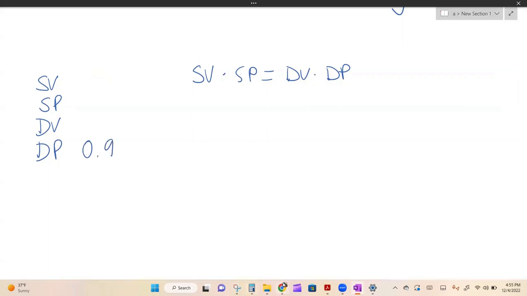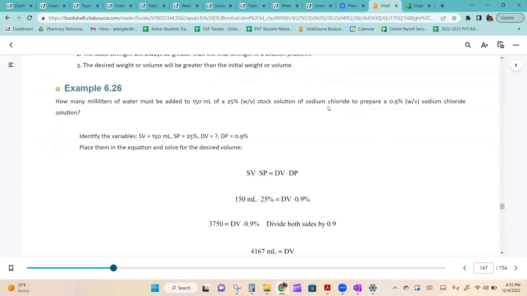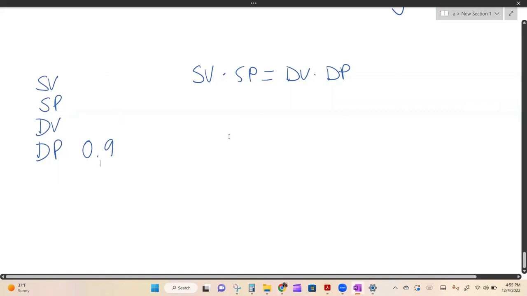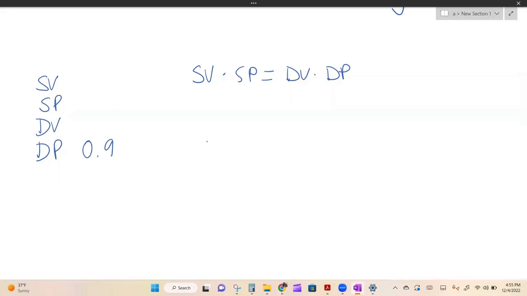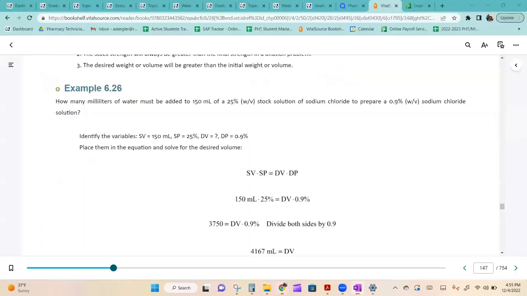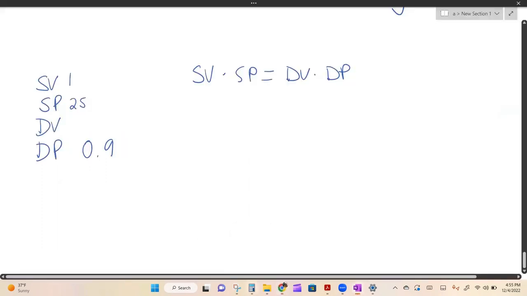All right. And then we have in stock 150 ml of a 25% solution. So the 25% is our stock strength, and our stock volume was 150 ml. Our desired volume, we don't know.